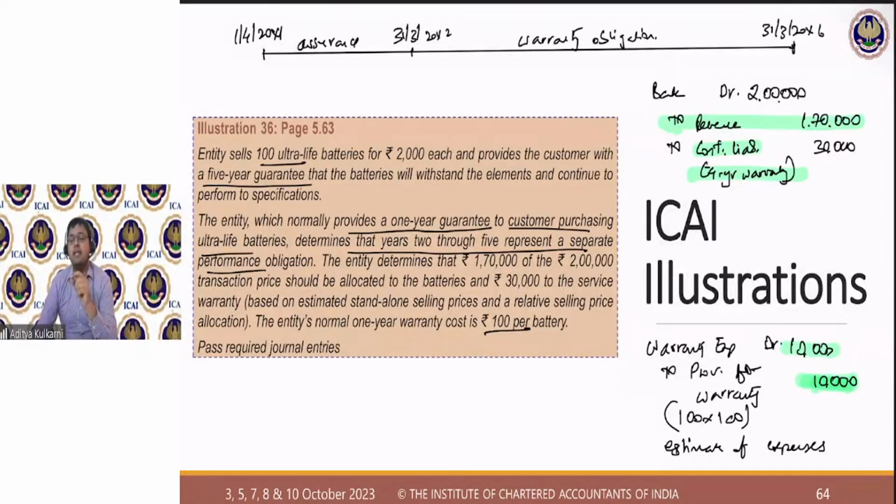The first, the contract liability for a 4-year warranty, represents money received in advance today, revenue to be recognized over the next 4 years. Whereas the second entry's provision for warranty represents expenses relating to the assurance warranty that you have provided for. So that takes care of illustration 36 in totality.